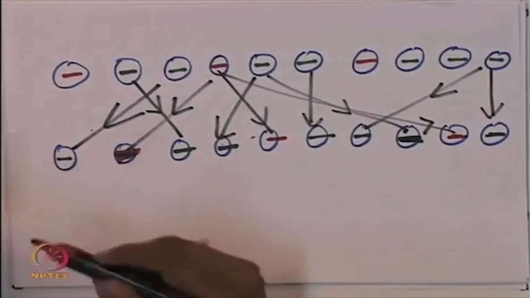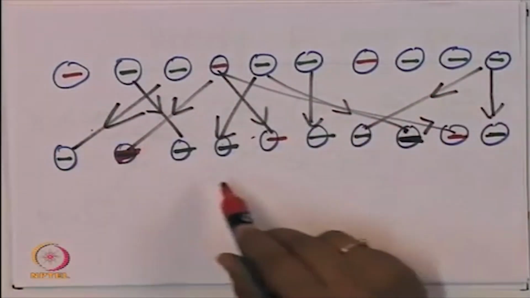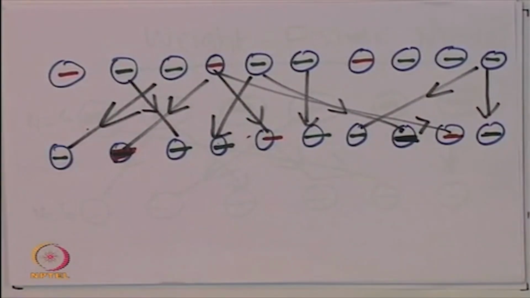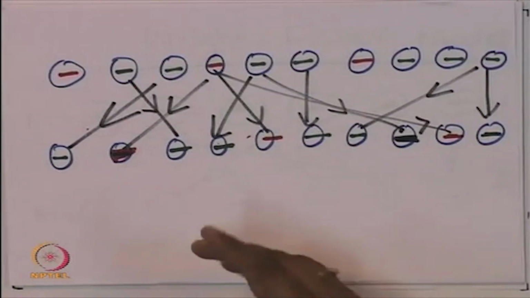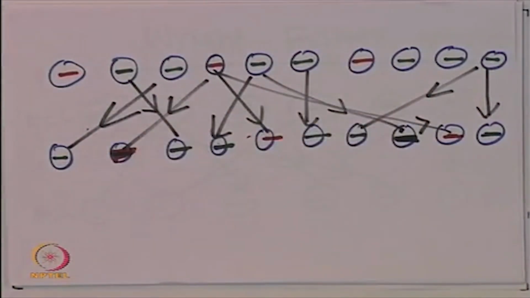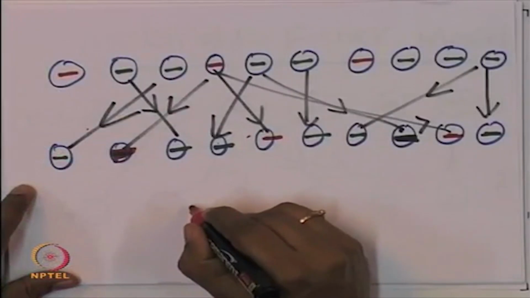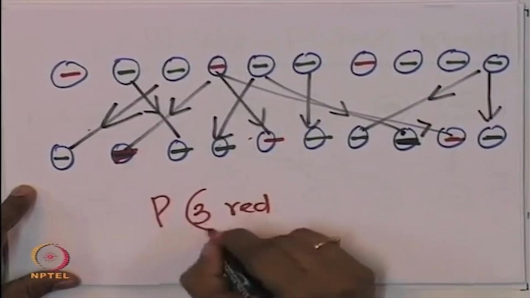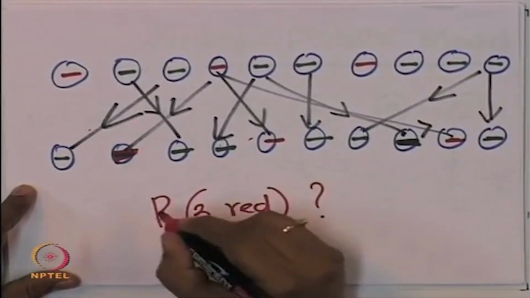So, you can ask the question: if there are 3 reds in this, now you did one particular population, you can do many such experiments. If you were to draw the same thing, you will draw the arrows randomly in a different manner. Then you can ask, on average, if you do this many times, what is the probability of finding, let us say, 3 red in the next generation?